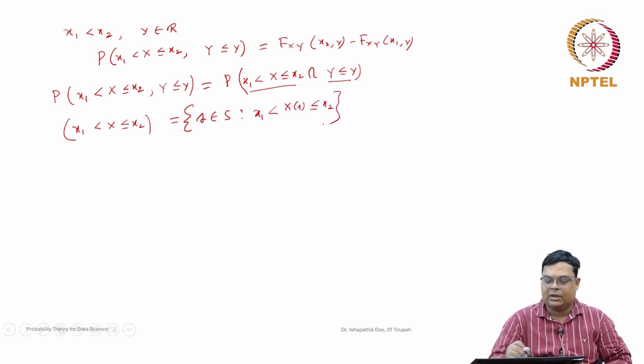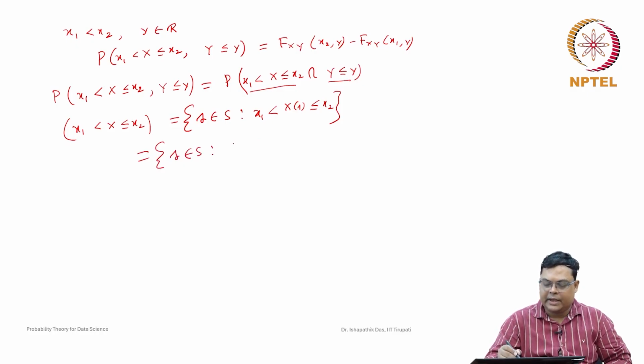We can represent this set as all s in S such that X(s) is less than or equal to x2, minus all s in S such that X(s) is less than or equal to x1.